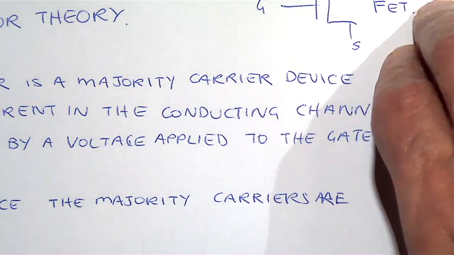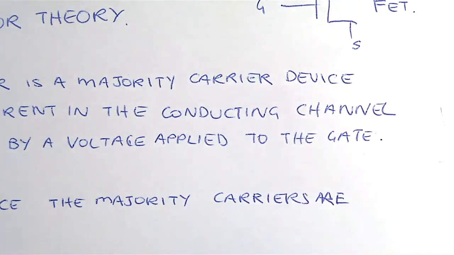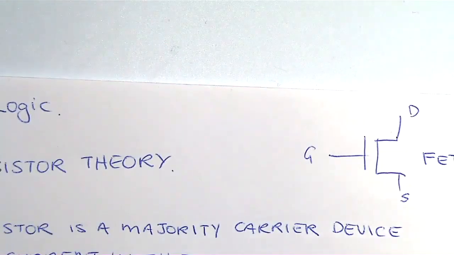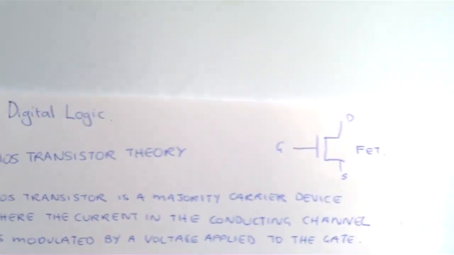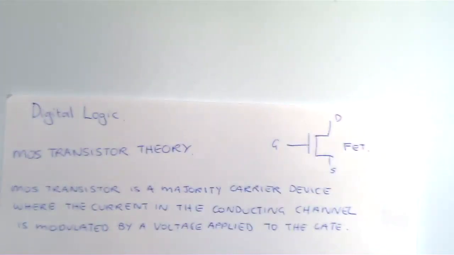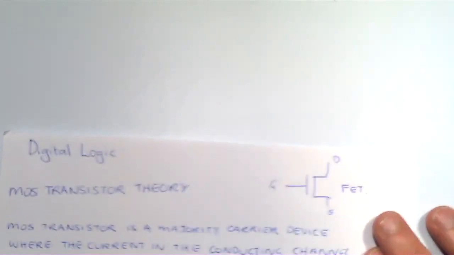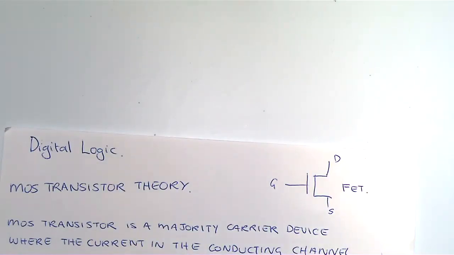We've usually got this symbol for a MOS, and usually everyone draws it as a 3-terminal device. Perfect. So everyone draws this FET as a 3-terminal device. Is it actually a 3-terminal device?